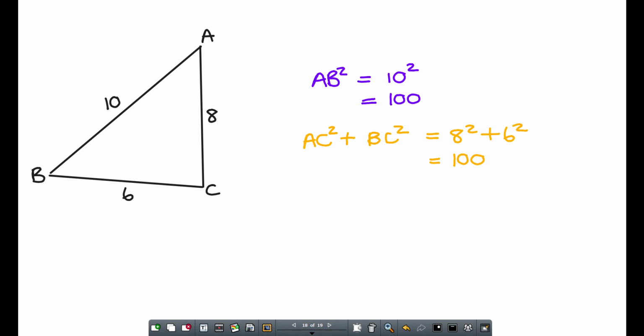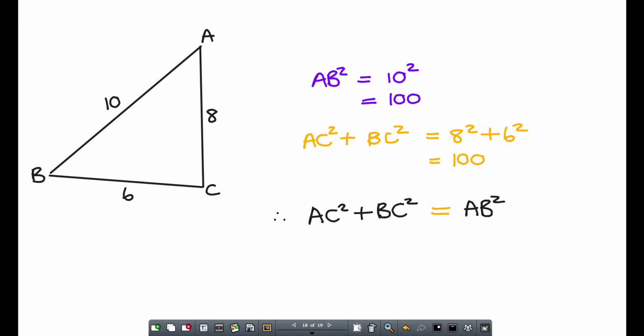Now this part is important. You've got to say, therefore, AC squared plus BC squared is equal to AB squared.